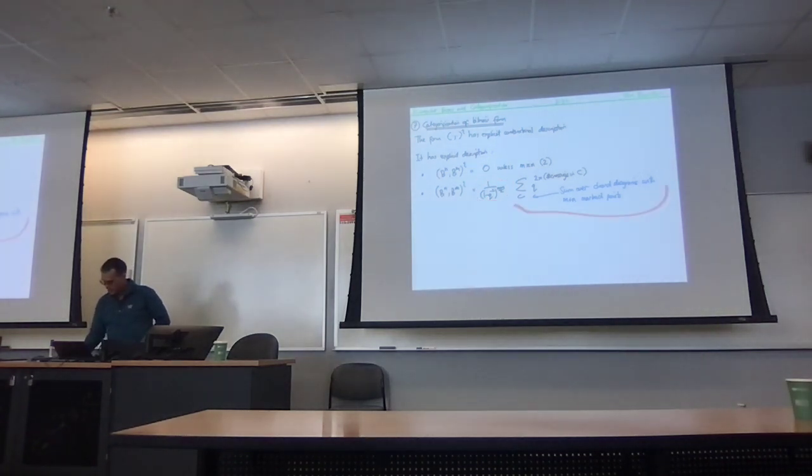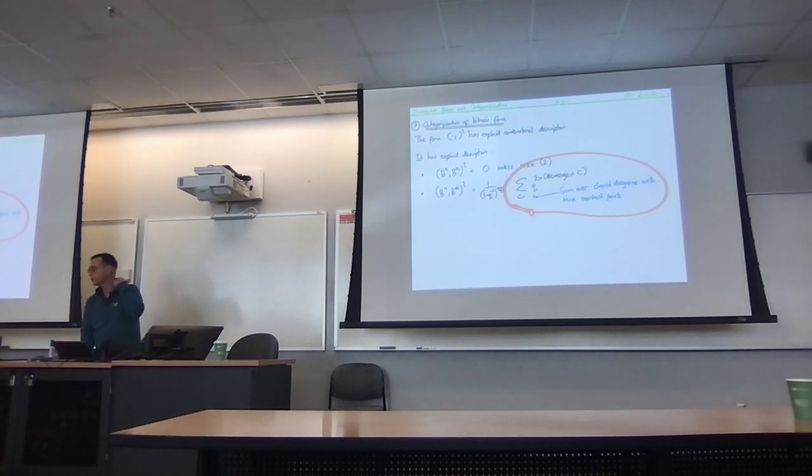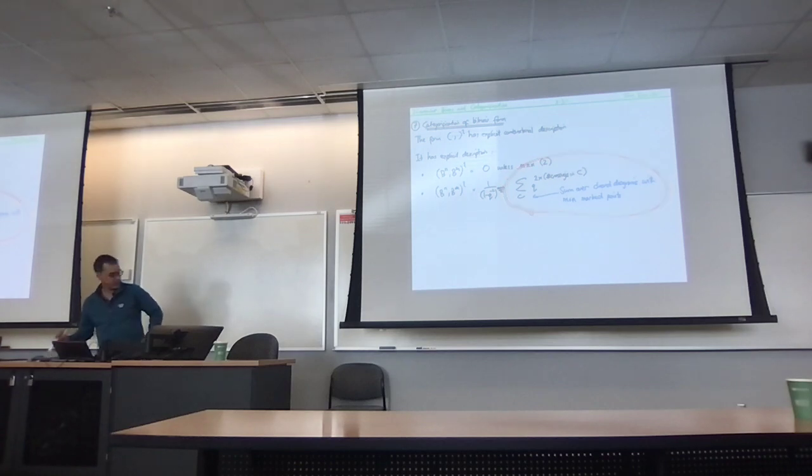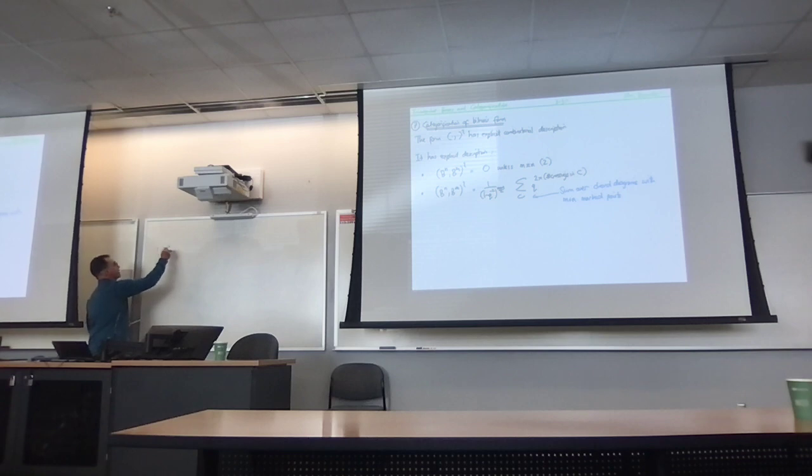And then the interesting part, the combinatorial part: you get a sum over C, where C sums over all chord diagrams with m plus n marked points. I'll do an example on the board in just a second. And then it's q to the twice the number of crossings in the chord diagram. So I'm just going to do a really trivial example: b squared, b squared. That's the bilinear form for b squared, b squared.